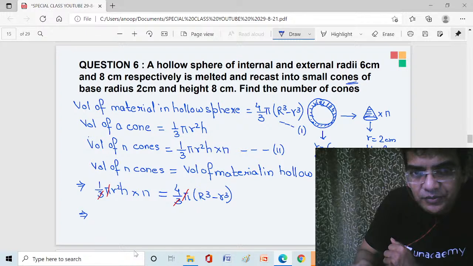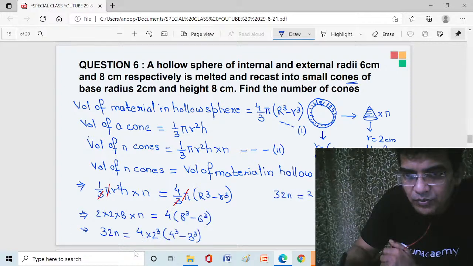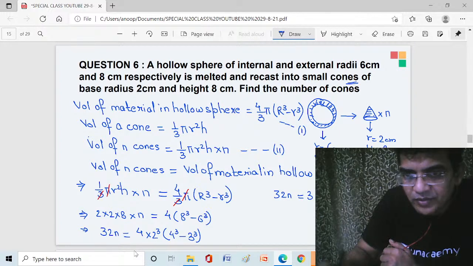Whenever I take common, my calculation becomes easy. So on the left side it is 32n, and on the right side you see 4, and this 2 cube will give you 8. So 4 into 8 will give you 32. And here I have 4 cube, 64, minus 27.